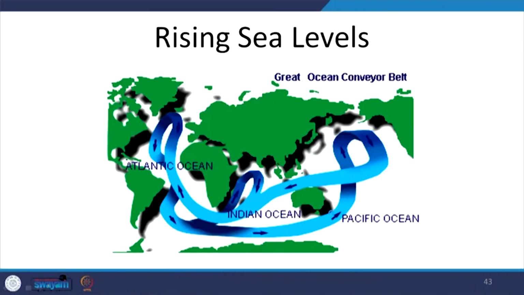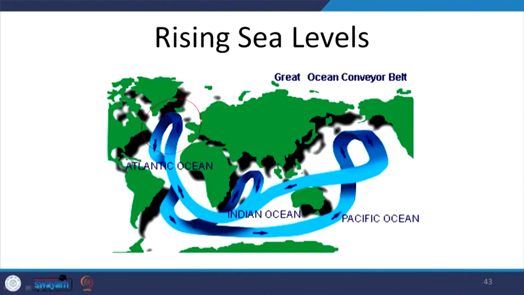We anyways have less for the given population as we have today. The rising sea levels will also have an impact on the oceanic conveyor belts, which are the regulatory mechanism of the oceans, and they regulate the entire water body on earth, because the seas, which are cold in one part of the world and warm in the other part of the world, are regulated, and they help the sea life, aquatic life, to thrive because of this conveying of temperature and water from one place on earth to the other place.